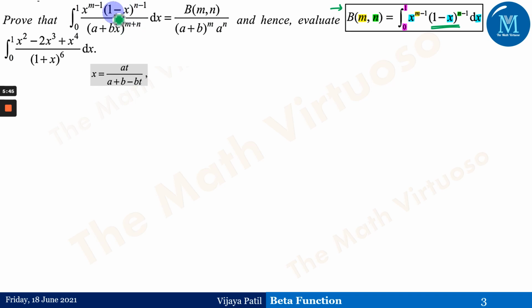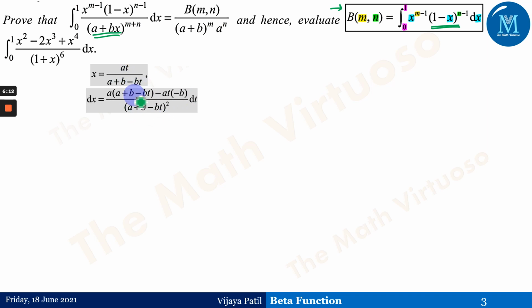Now if you observe, we do have it here, but there is another term, that is a plus bx, that we also need to deal with. Whenever we put a substitution, we have to put it in such a way that we do not have a problem dealing with this question. So x is equal to at upon a plus b minus bt, and therefore dx becomes a into (a plus b minus bt) minus at into minus b upon.